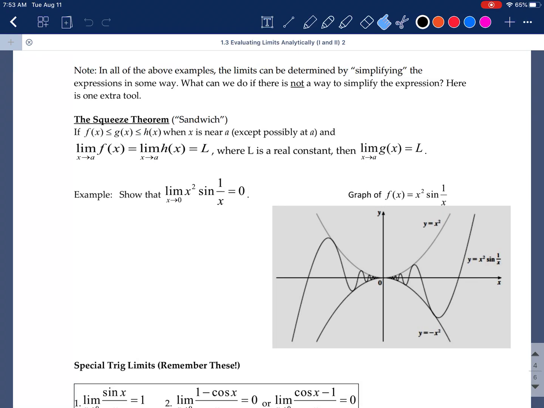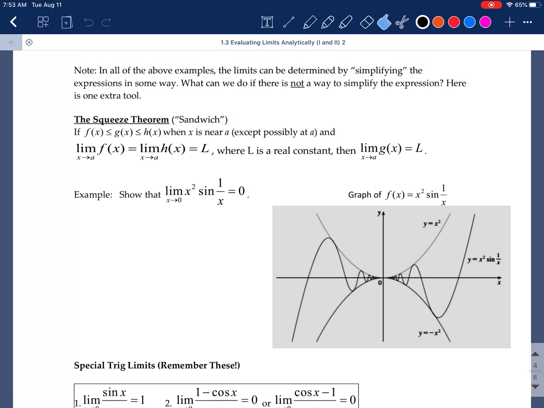Welcome back, everybody. We have skipped past the examples from the first part here, and we've actually jumped down to the bottom of the third page, I believe, that has the squeeze theorem. So this is a very interesting theorem that comes up with some very particular cases that we're going to look at.